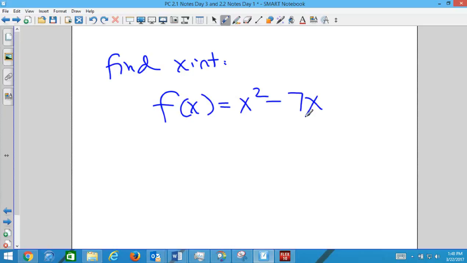Without finding the vertexes. How do you find the x-intercepts? It's not in there, I just threw it on there. How do you find it? You plug in 0 for the y. And then how do you find the x-intercepts? So we could complete the square. We could factor out the x, its GCF. We could do quadratic formula. You have different choices. What's going to be the least amount of work for this one?